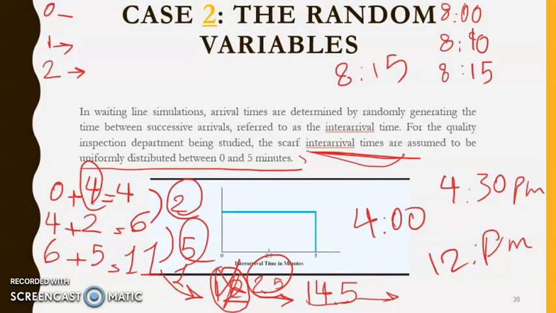That's the point here: the time between successive arrivals is referred to as the inter-arrival time. For the quality inspection department being studied, the scarves' inter-arrival times are assumed to be uniformly distributed between 0 and 5 minutes. And the scarves are the flow units here.